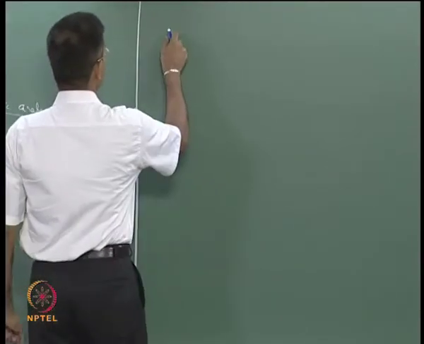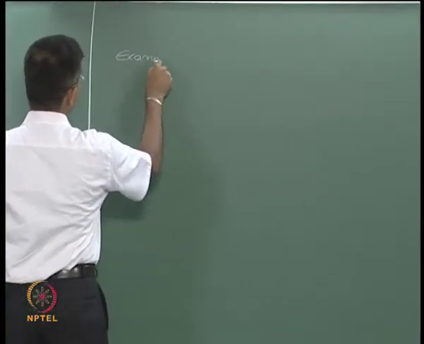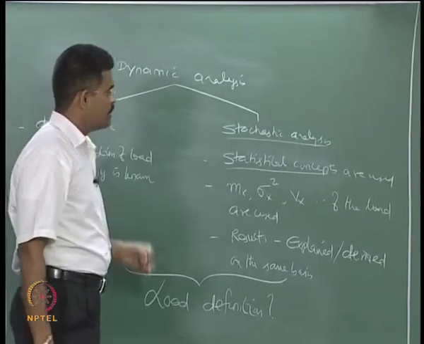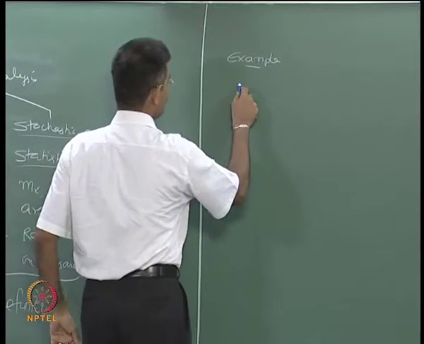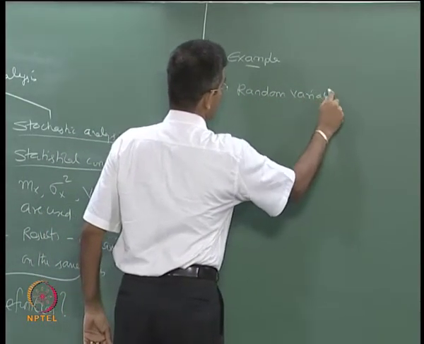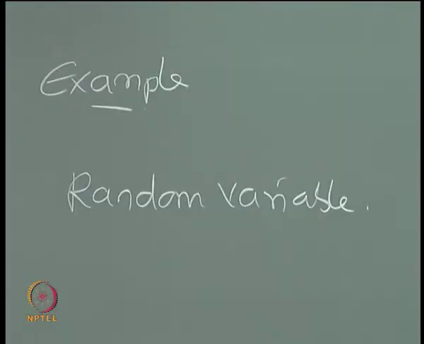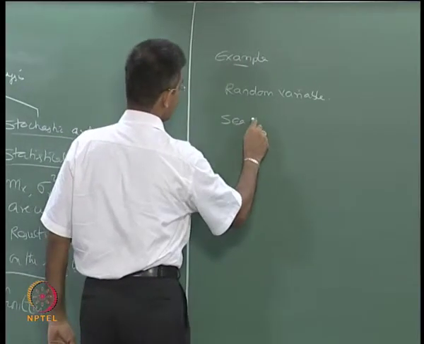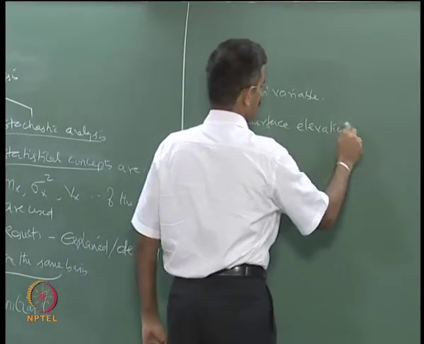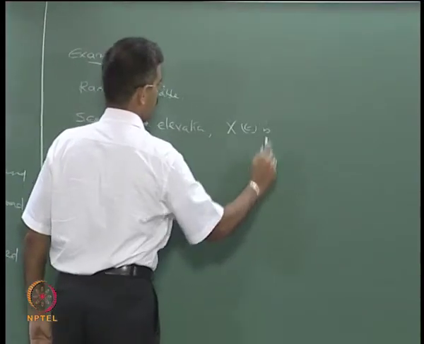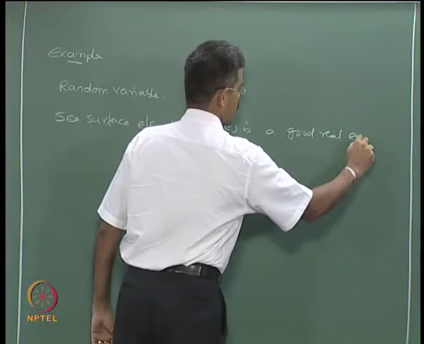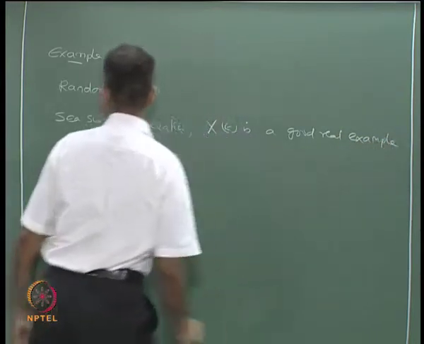Now, let us have an example of a stochastic analysis where we will be dealing with what we call random variables. Sea surface elevation, capital X of t, is a very good real example of a random process.